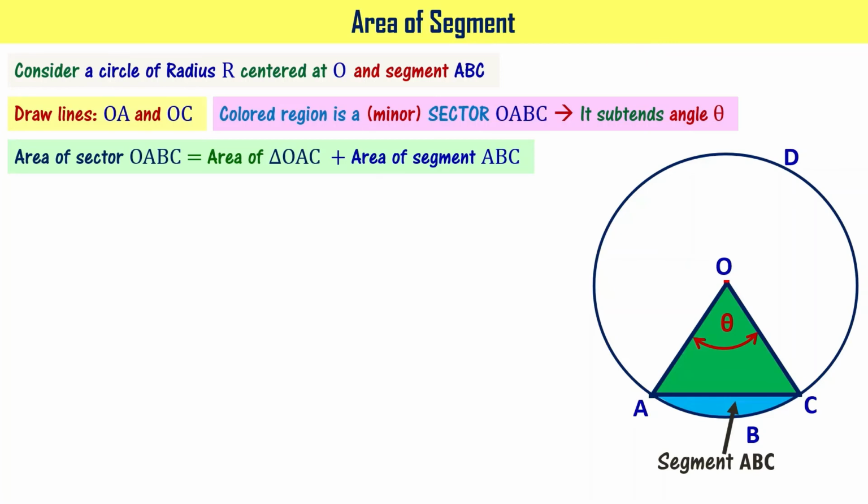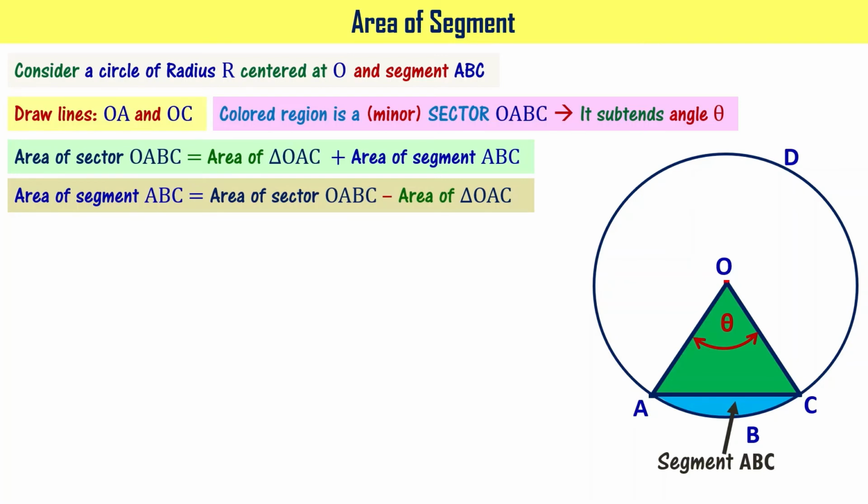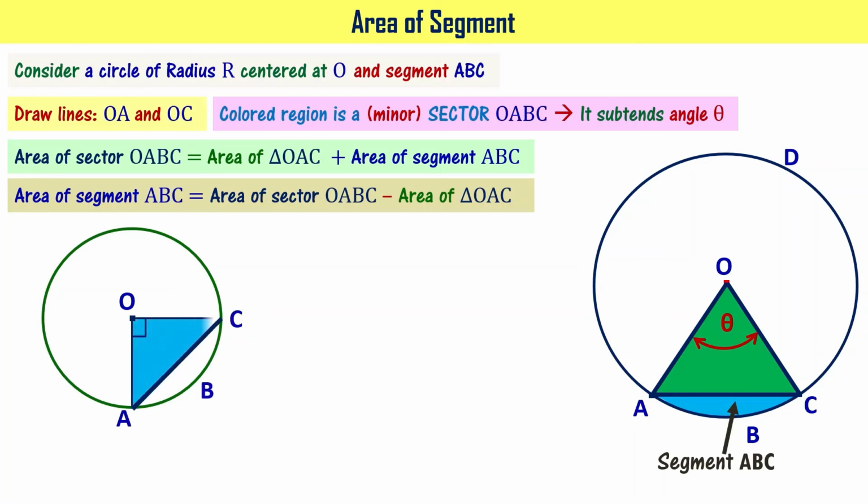If you rearrange this equation, you can write area of segment ABC as area of sector OABC minus area of triangle OAC, right? Here, if you observe, the subtended angle looks less than 90 degrees, right? Here, as you see here, the subtended angle is equal to 90 degrees in this figure, right?